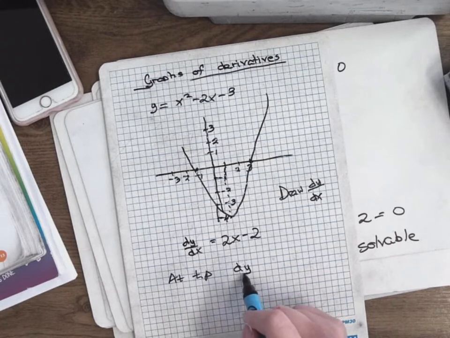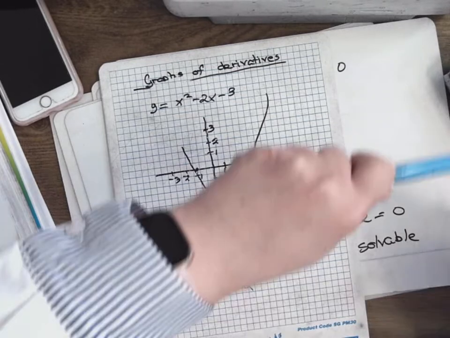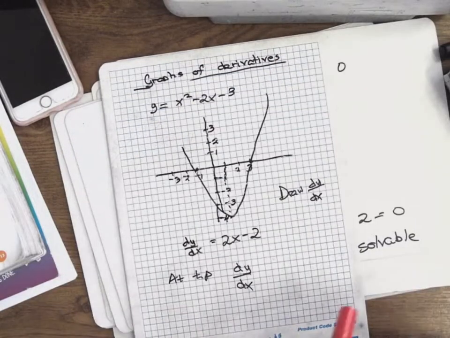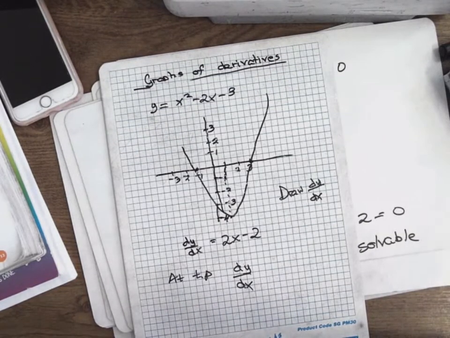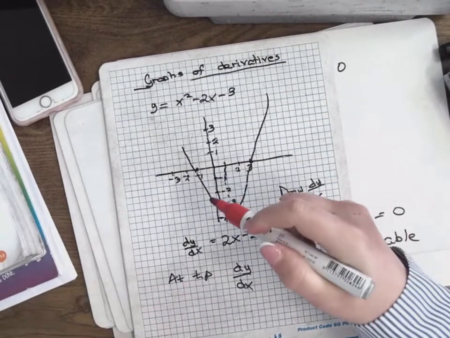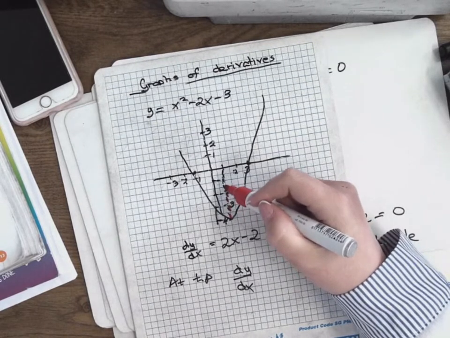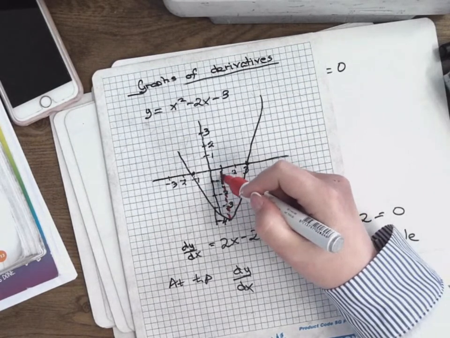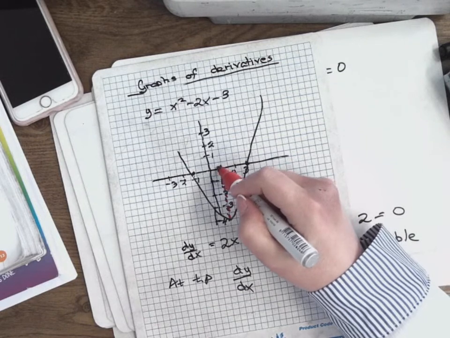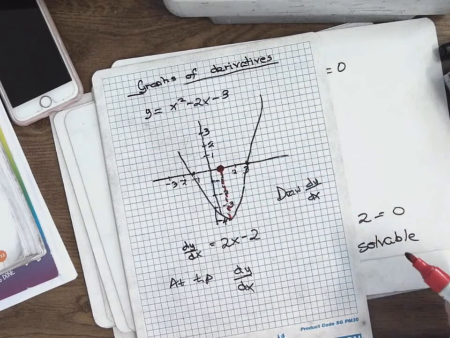So when we're drawing dy dx, at the turning point, dy dx equals 0, so there's the turning point. So at the turning point, the line that you're going to draw is 0. So look at that turning point, the line goes to 0, okay?